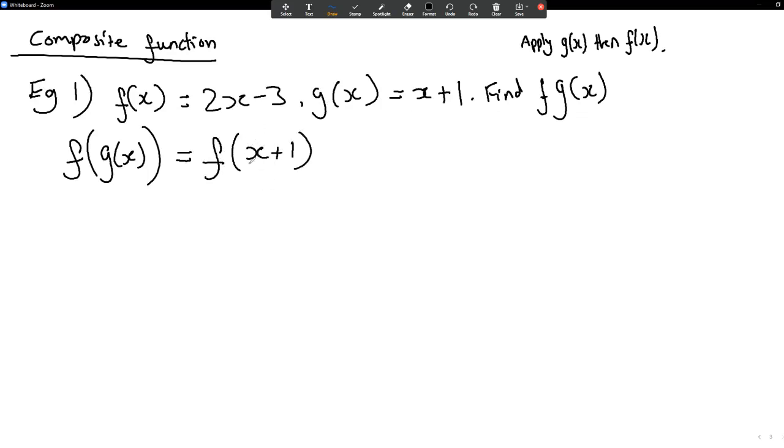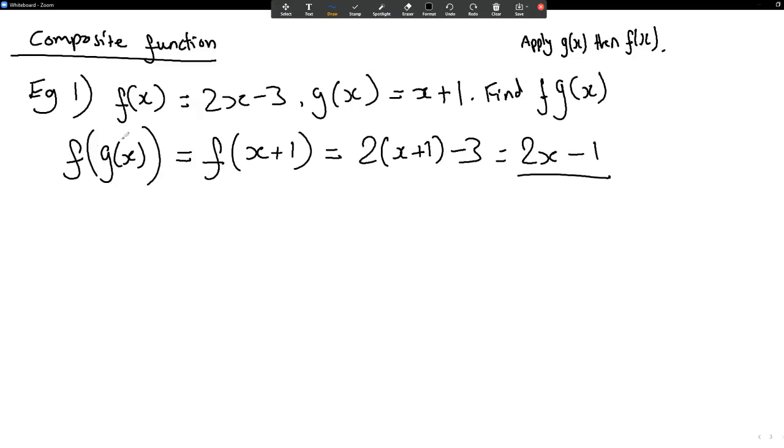But we already know how to do f(x plus 1). We just replace every instance of x with x plus 1. So we get 2(x plus 1) minus 3. And we can simplify this, and we get 2x plus 2 minus 3, which is minus 1. We get 2x minus 1 as f(g(x)). We just need to think of that g(x) as an input into f.